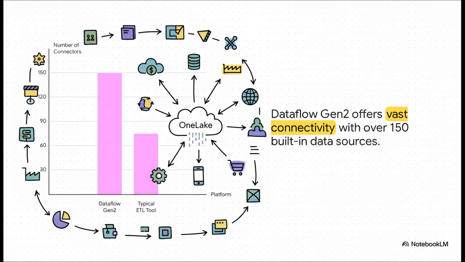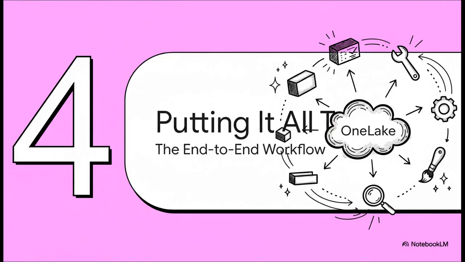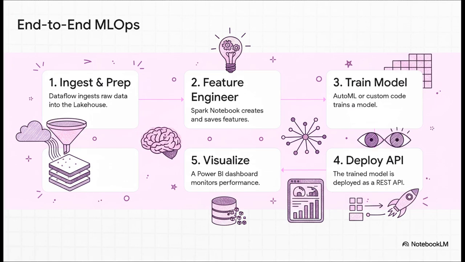Okay, so we have the foundation, OneLake, and we have the tools. Now let's see how they actually work together to create these seamless end-to-end workflows, because this is where the magic really happens. Let's make this real with a machine learning example. So picture this. First, a data flow pipeline pulls in raw customer data and drops it into the Lakehouse.